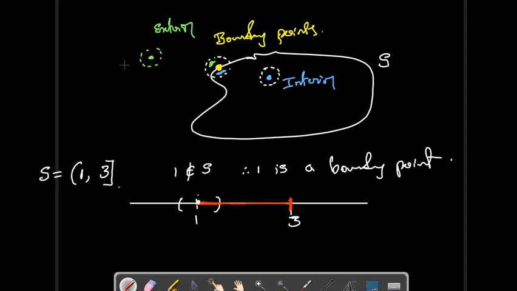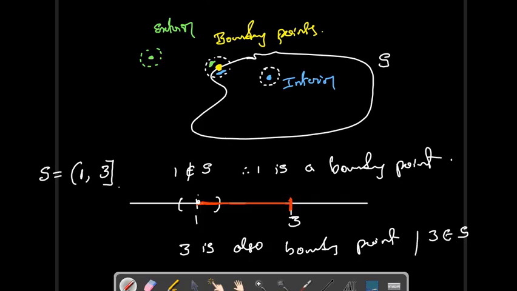So if a point is not in the set, you can't conclude that it is an exterior point. It can be a boundary point also. Okay, so a boundary point may be in the set or may not be in the set. For example, look at the boundary points of S. 1 is one boundary point, and 3 is also a boundary point, which is in the set.